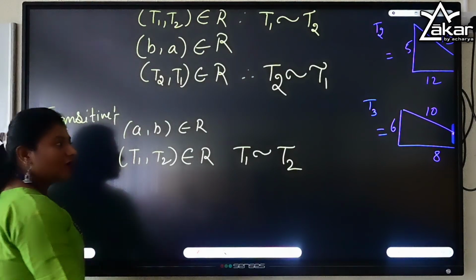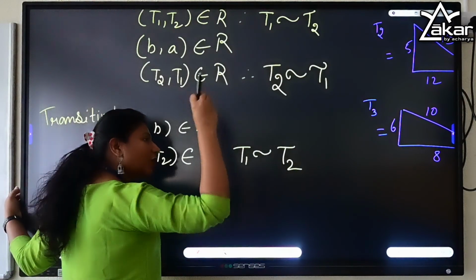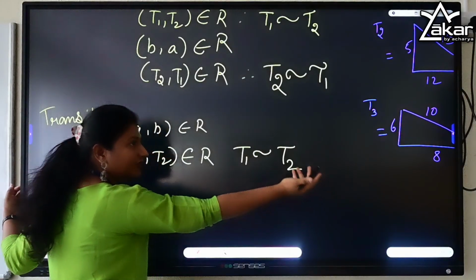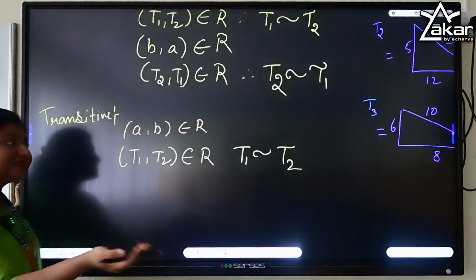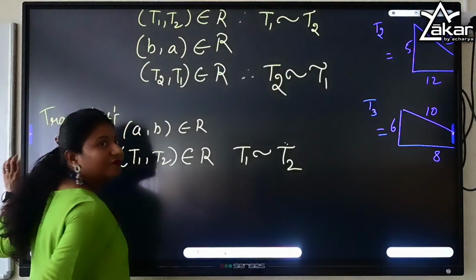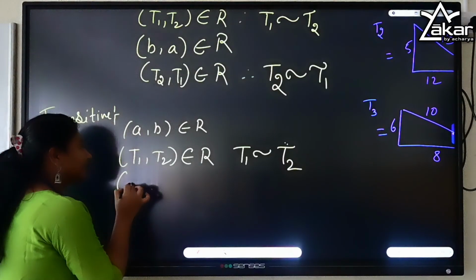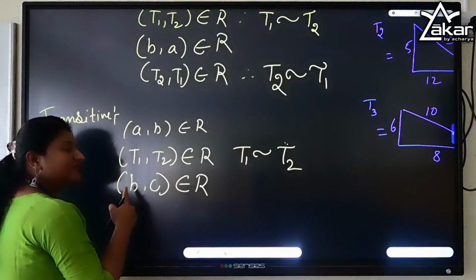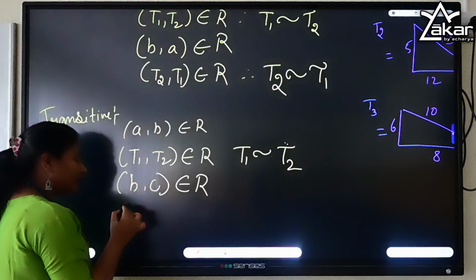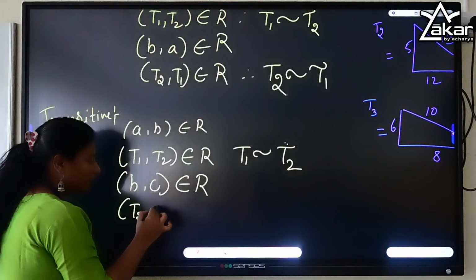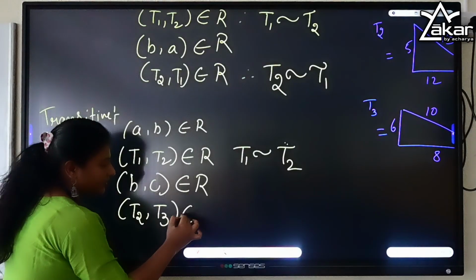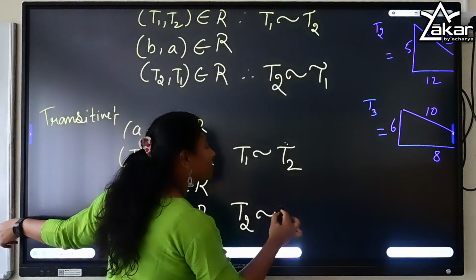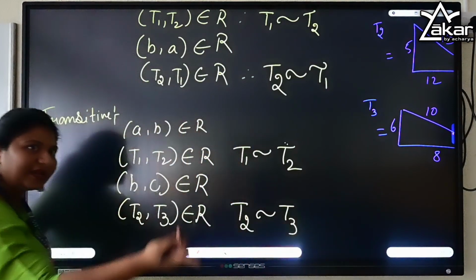I cannot say that the triangles are congruent only to themselves. There will be another triangle with different sides which is similar to this T2, right? So I can write B comma C also belongs to R. T2 comma T3 belongs to R, which means T2 is also congruent to some other triangle T3.